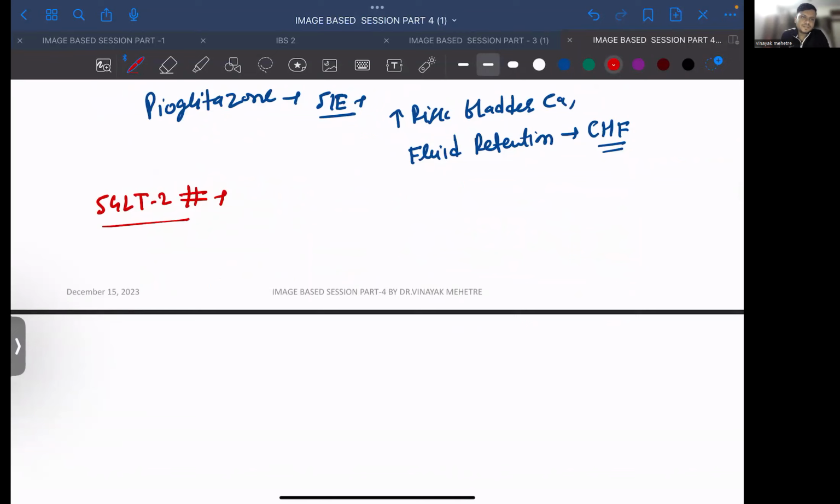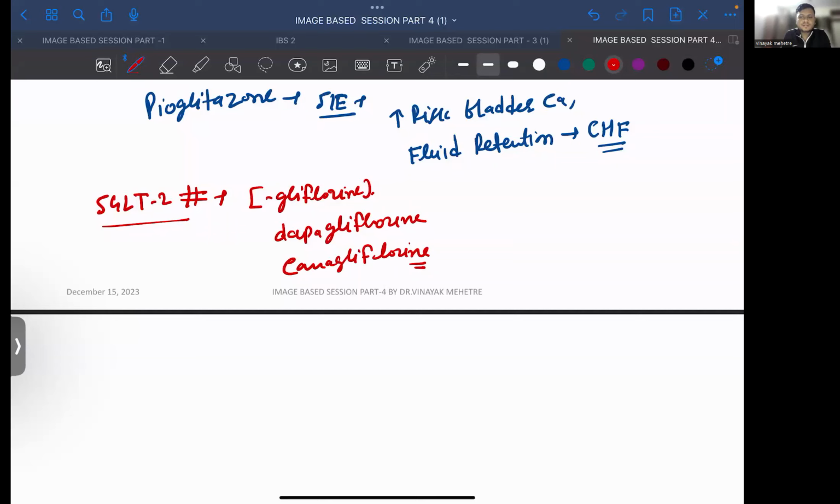SGLT2 inhibitors कौन से हैं? Gliflozin, yes. DAPA, canagliflozin सुना है? Right, canagliflozin. तो side effects will be, yes, correct.